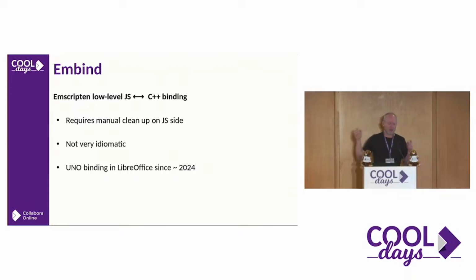But that's a relatively new thing in JavaScript. So Emscripten or embind still insists that whenever you get an object from the C++ side and no longer need it on the JavaScript side, you call some method on it to tell the C++ side you don't need it anymore. And that's, of course, not how you usually write your JavaScript code.